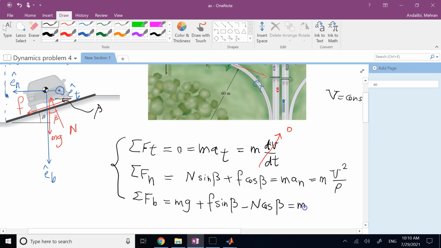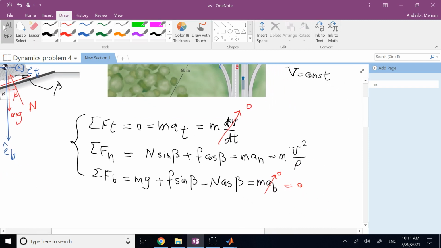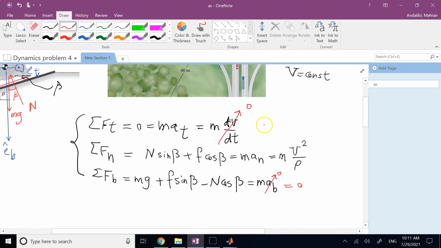This is equal to m a_b, and a_b would mean the car is going up and down the ramp, which is not happening, so that one is 0 as well. And so the first equation is not going anywhere, so we don't need that. I would call this equation number 1, and I would call this equation number 2.